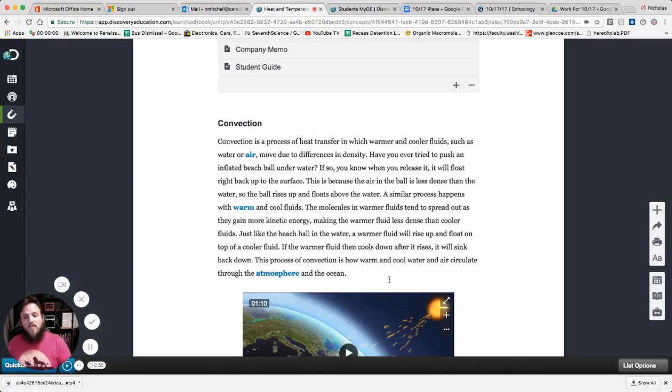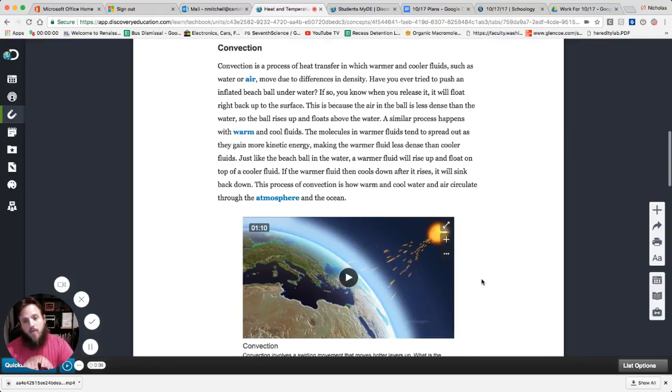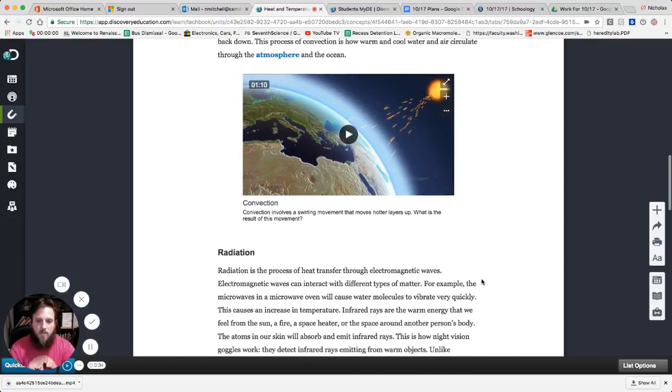Heat makes them less dense because they have more energy, and they rise. As they get higher and higher, the energy will move out and disperse, and then they'll get cooler and they'll fall, and you get these really cool patterns. This is actually how the ocean and the atmosphere work, but we will talk more about that later.